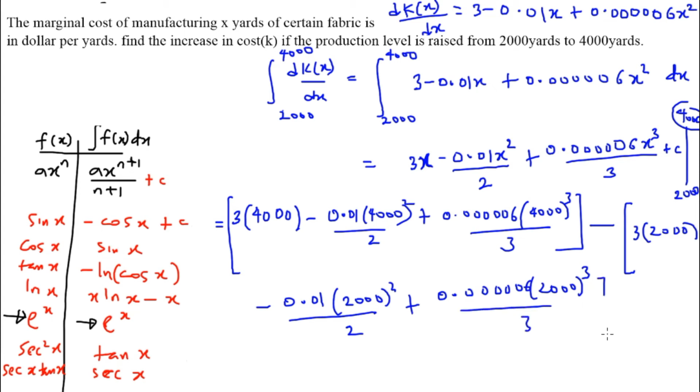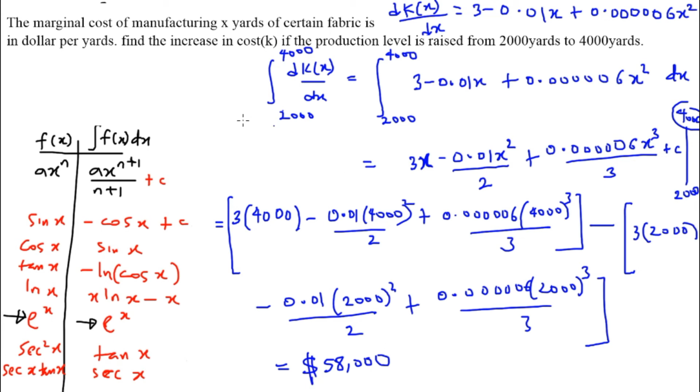So I should have my brackets. You should press this directly on your calculator. If you press it directly on your calculator, you will have 58,000 dollars. And that's very, very correct.